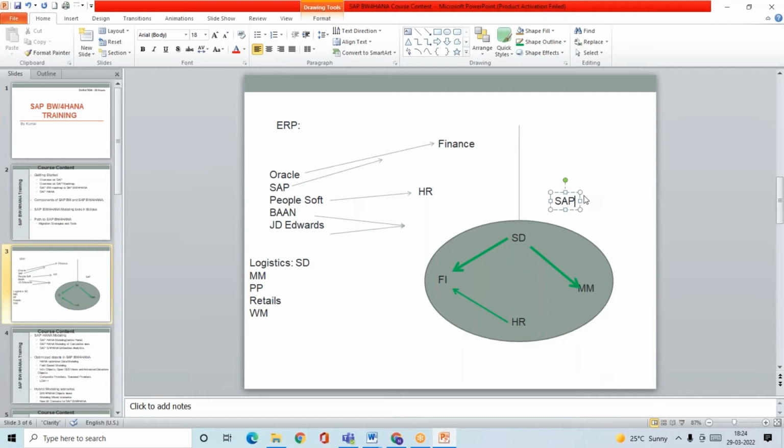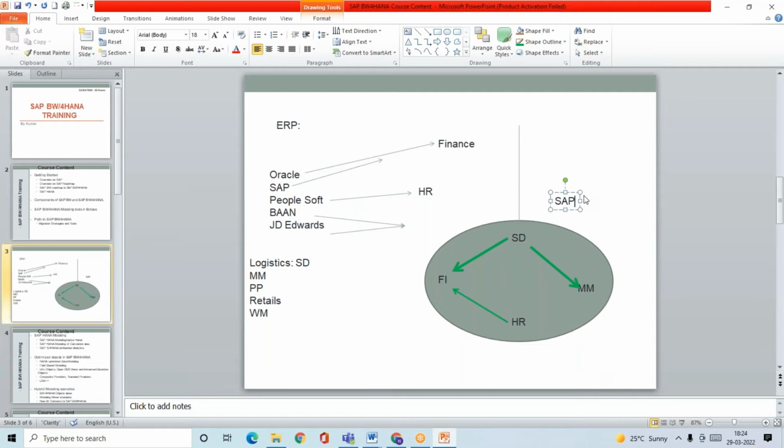SAP has tight integration across the modules, and it is the one product which has all the modules like SD, MM, PP, HR, FI, warehouse management, retail, and not only that, it also provides industry-wise applications.